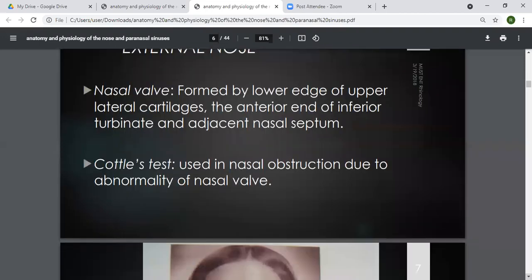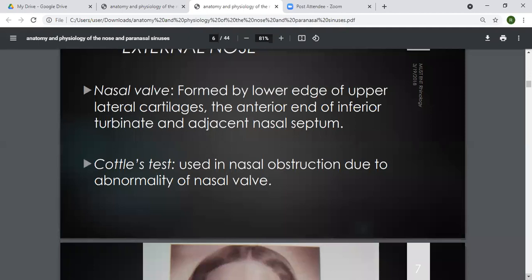So there's what we call the nasal valve, and this is formed by the lower edge of the upper lateral cartilages and the anterior end of the inferior turbinate. This is important because it determines air entry into the nose. In case of obstruction of the nasal valve, someone is not able to breathe through the nose.